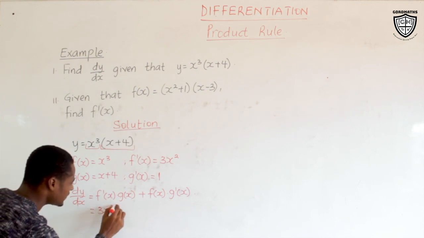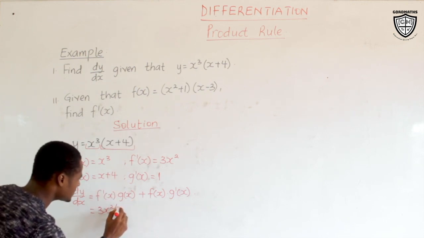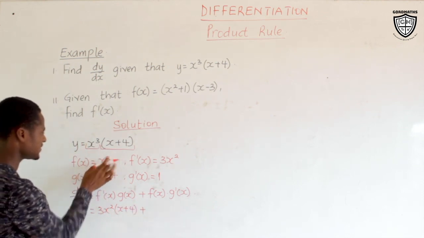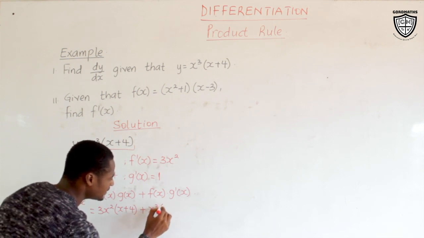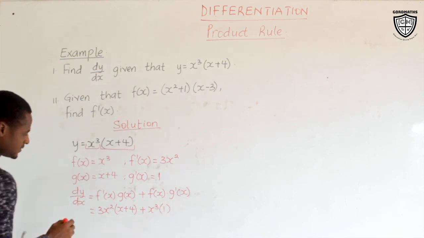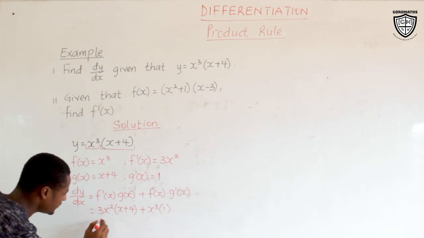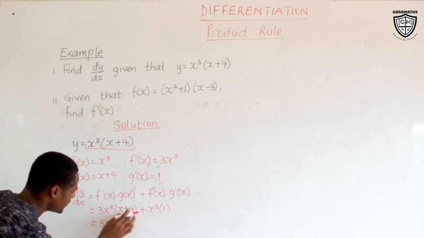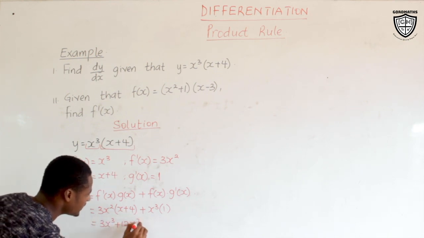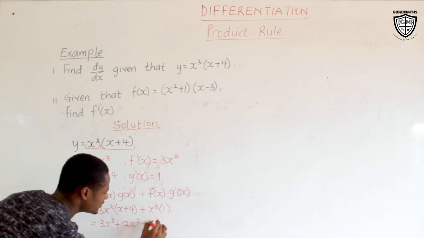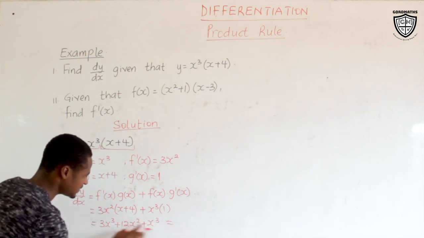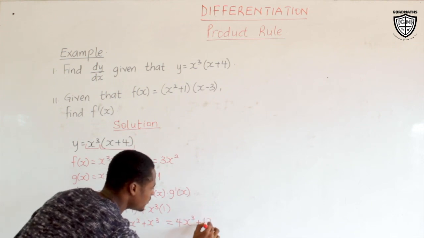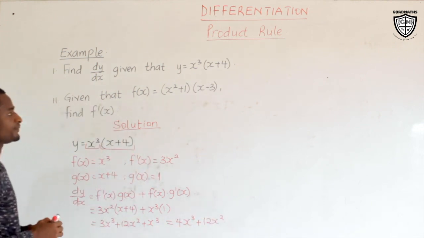So 3x squared times g of x is x plus 4, plus f of x is x cubed, and then times g prime of x is 1. So expanding this, we will have 3x cubed plus 12x squared plus x cubed. And that will give us 3x cubed plus x cubed, which is 4x cubed plus 12x squared.